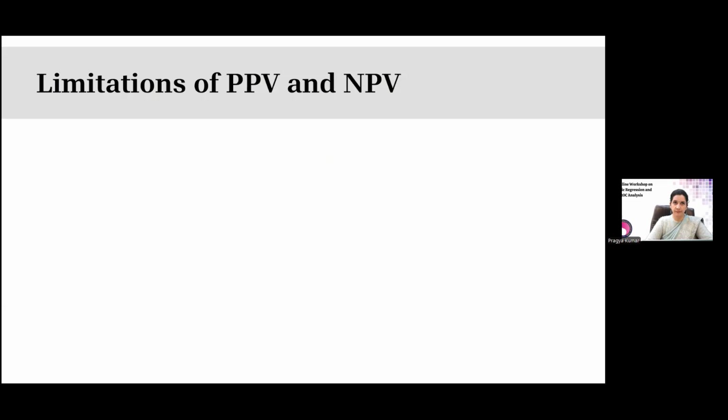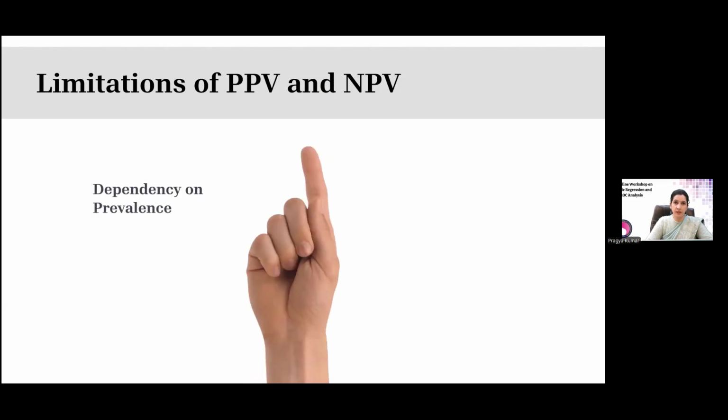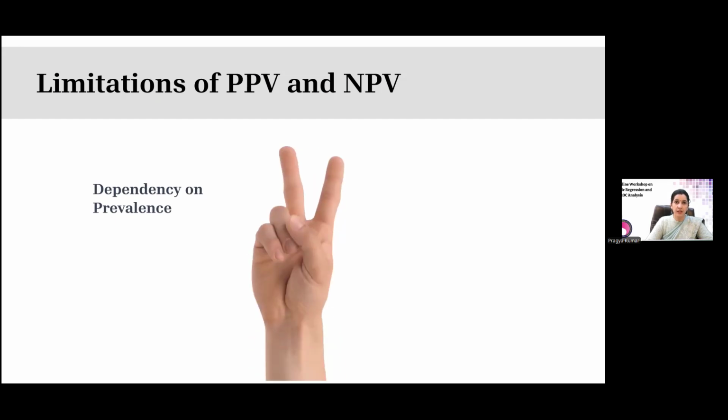But again, we all know that there are limitations of these positive predictive value and negative predictive value, because first, they are dependent on the prevalence of a disease. Like in a particular area, if the prevalence of a disease is high or low, the predictive value will change. And again, they are not an inherent property of the test.